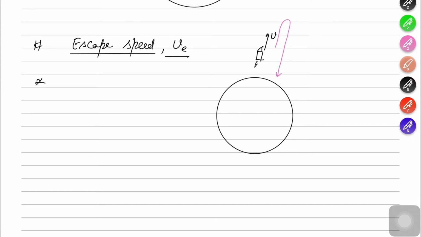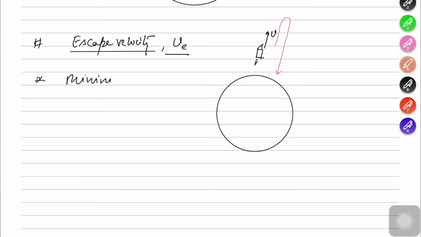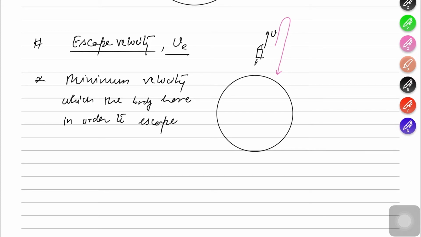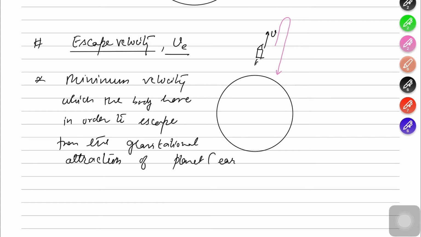In formal definition, the escape speed, denoted as VE, is the minimum velocity which the body must have in order to escape from the gravitational attraction of a planet, let's say Earth.